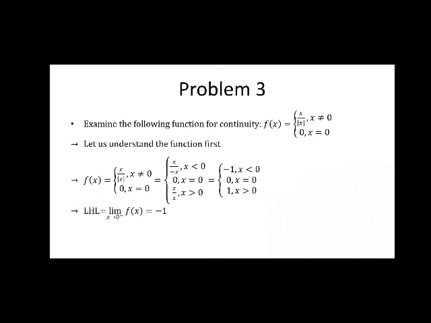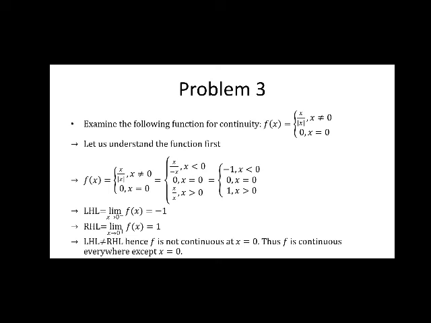So the left hand limit of the function, to the left hand side of 0, is minus 1, and the right hand limit of the function, to the right hand side of 0, is 1. So once it happens so, I can see that it is not matching, and as it is not matching, I can say the function is not continuous at x equals to 0.